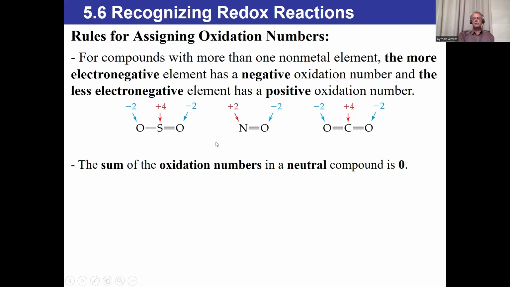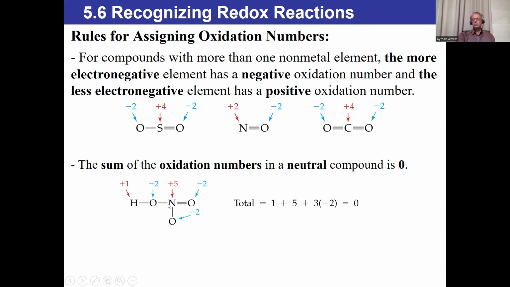General statement: the less electronegative element always forms a positive oxidation number, while the more electronegative element forms a negative oxidation number. The sum of the oxidation numbers in a neutral compound is 0. The net charge in HNO3 is 0, so the positive cations should neutralize the negative anions.